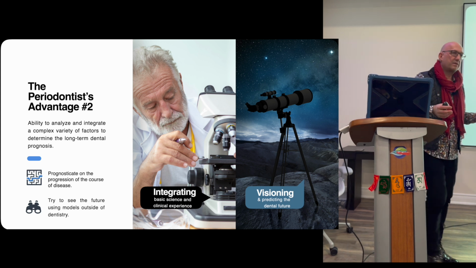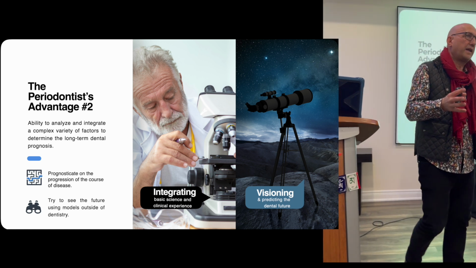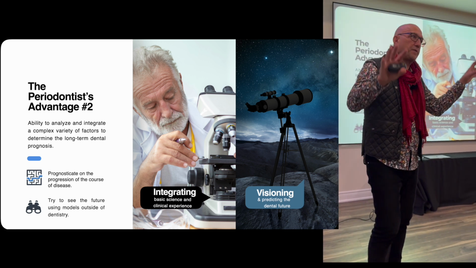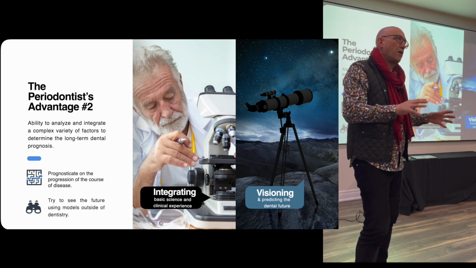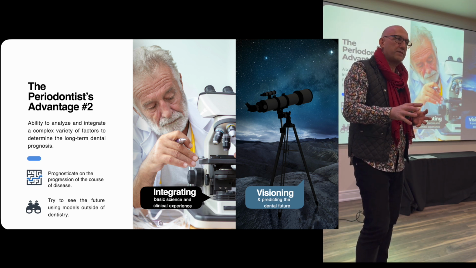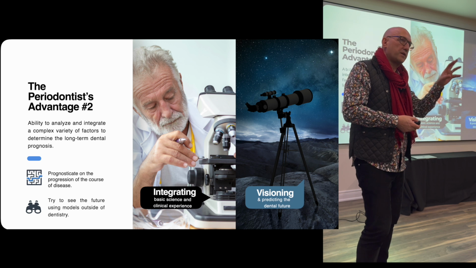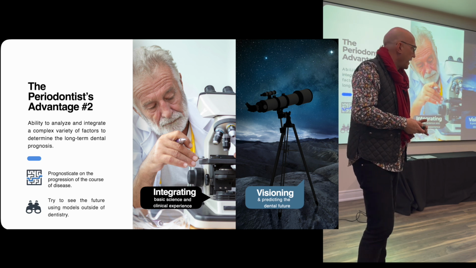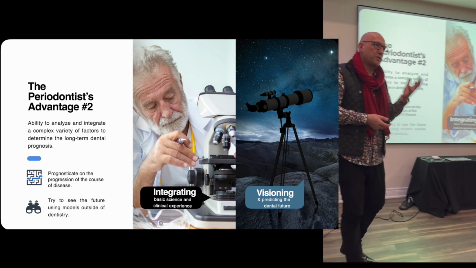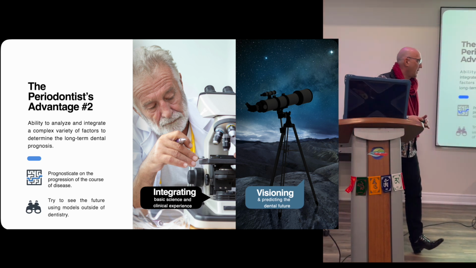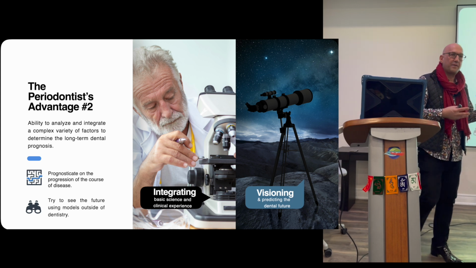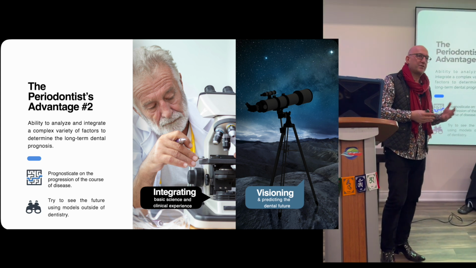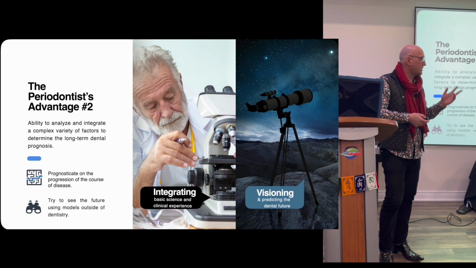So you see a patient that has periodontal disease, and as a periodontist, you pull a bunch of different things, and tonight you'll see those things that we look at to decide how long this dentition is going to last, and what is the individual prognosis for individual teeth, and sort of visioning and predicting the dental future for this patient. It's also a great way to share responsibility, right? So you are able to say, okay, can we build a bridge on this, or can we have a partial denture attached to this? So that's the second advantage.